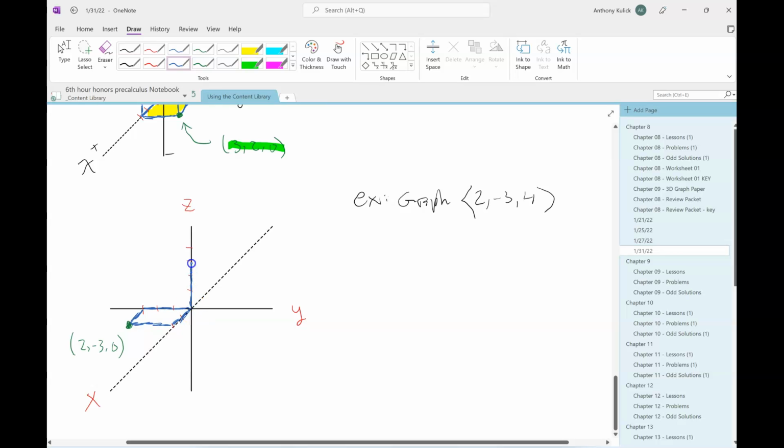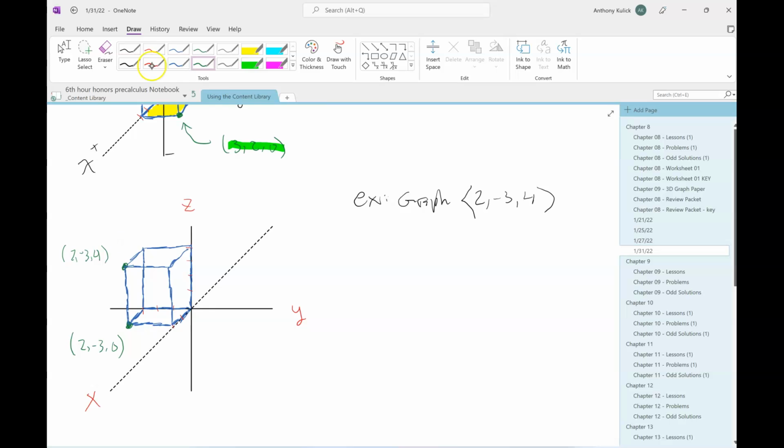Again, I usually start by lifting on the y-axis. So we lift at the origin and then at the other spot on the y-axis. Then we'll lift in the other 2, about the same height. So that's the point 2, -3, 4.